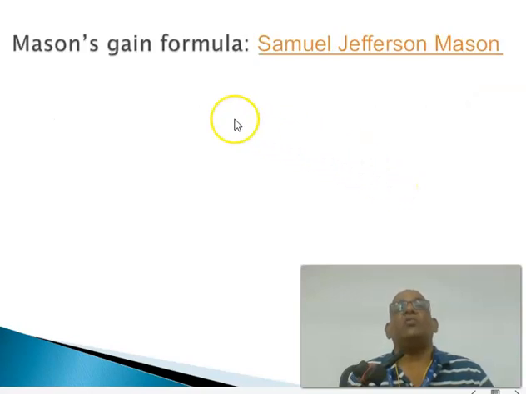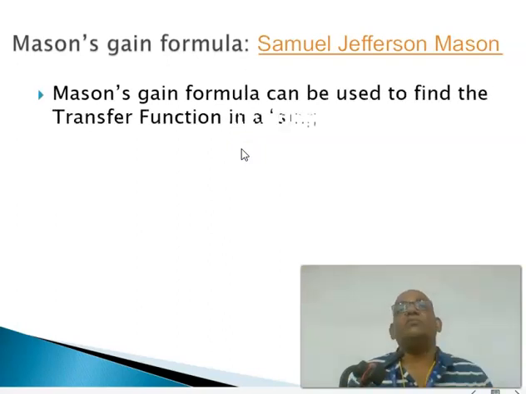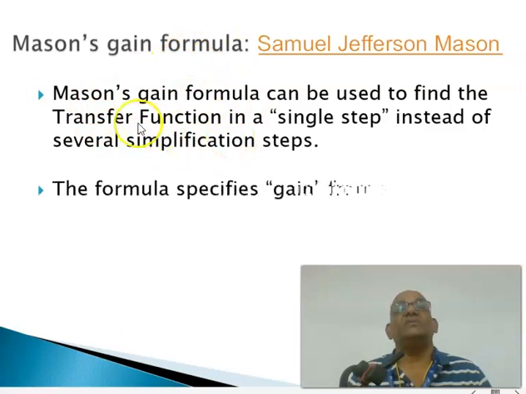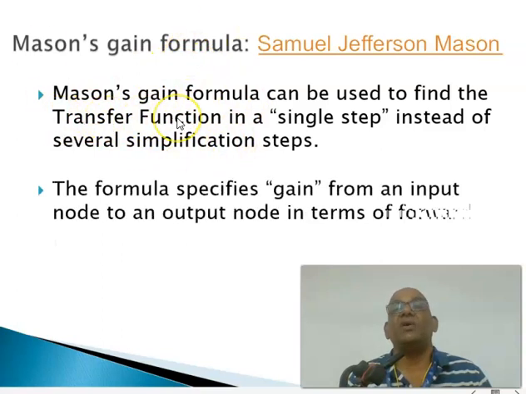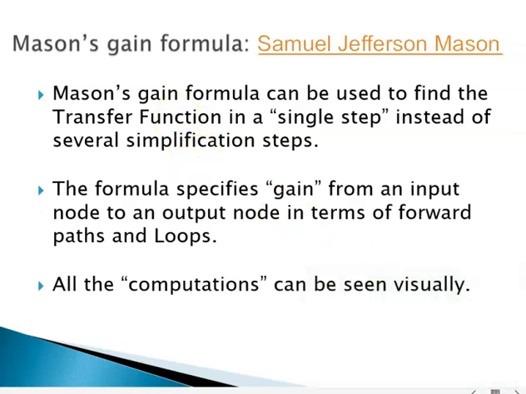This formula, which was perhaps invented by Samuel Jefferson Mason, allows us to find the gain between an input node and an output node, which is precisely the transfer function, in a single step, in one stroke, rather than having several simplification steps as done in block diagram reduction.